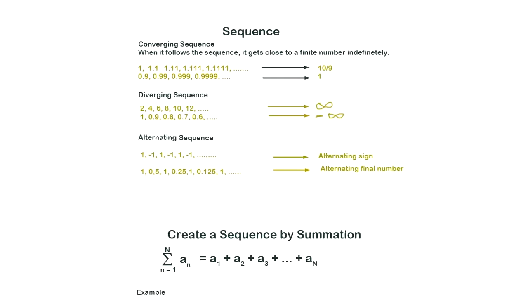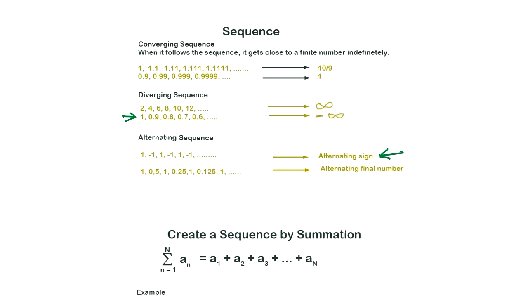If it's reducing, well, then it's going to negative infinity. This reducing one here, and negative 0.1, 0.2, and so on. An alternating sequence: 1, negative 1, 1, negative 1. This has alternating sign.